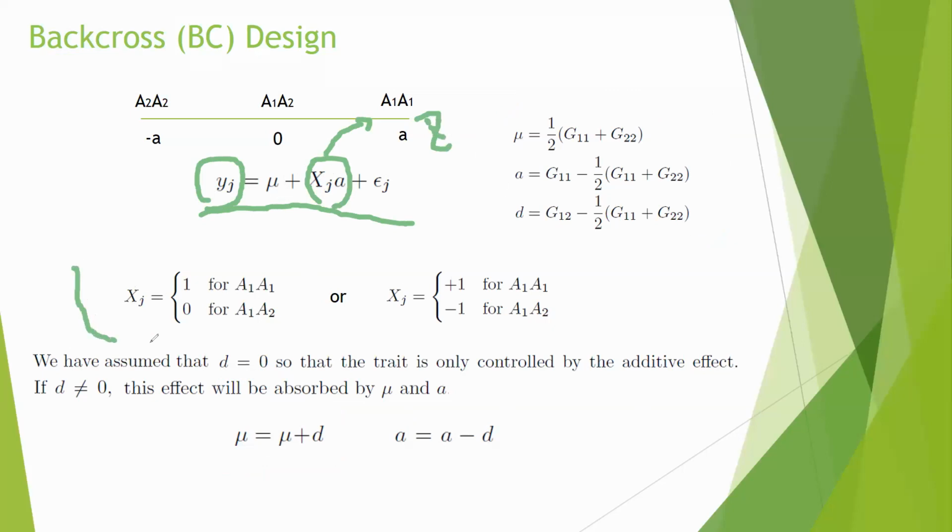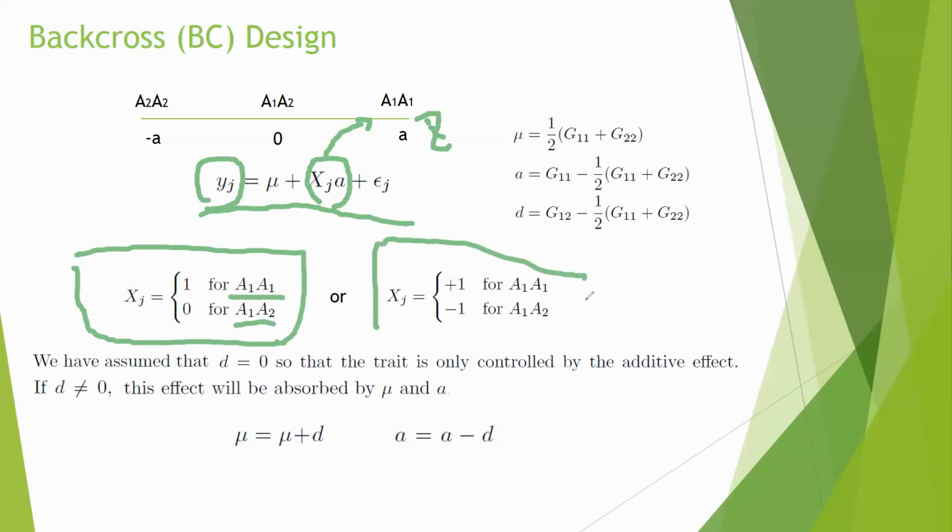We use 1 and 0 to code this genotype and this genotype, or you often see other coding: you can define X equal to 1 for genotype A1, and use minus 1 for the heterozygous genotype.